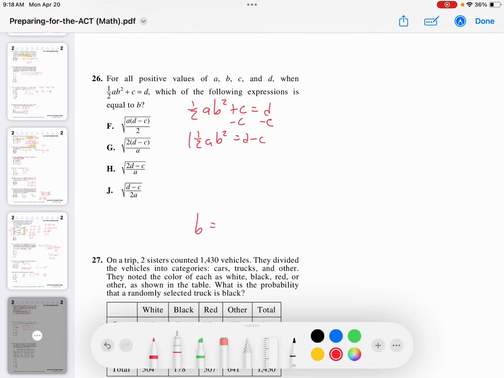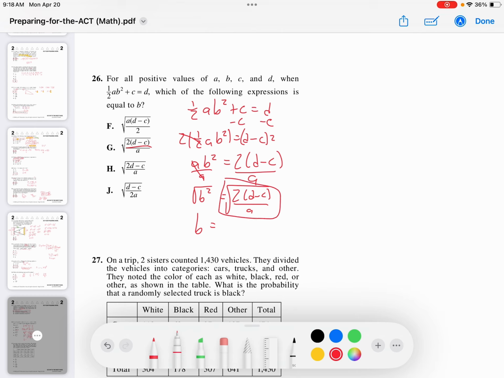Then I could multiply both sides by 2 to get rid of the fraction, giving a b squared equals 2 times (d minus c). Then I would need to divide by a to cancel that out, so b squared equals 2 times (d minus c) over a. Then take the square root of both sides. So this right here is what I'm looking for, which is this one.